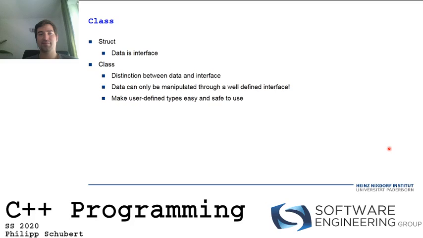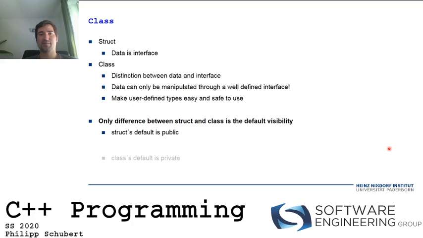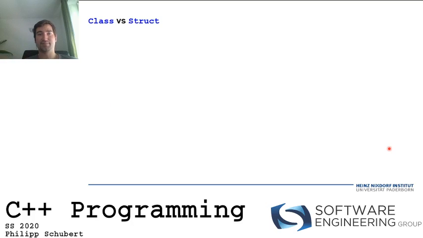The reasoning for that is, of course, we wish to make the use of a user-defined type very easy, and also we wish to make it safe to use, such that it's hard to introduce errors, right? But in general, the only real difference between struct and class is the default visibility. So struct's default is public, I already mentioned that, and class's default visibility is private.